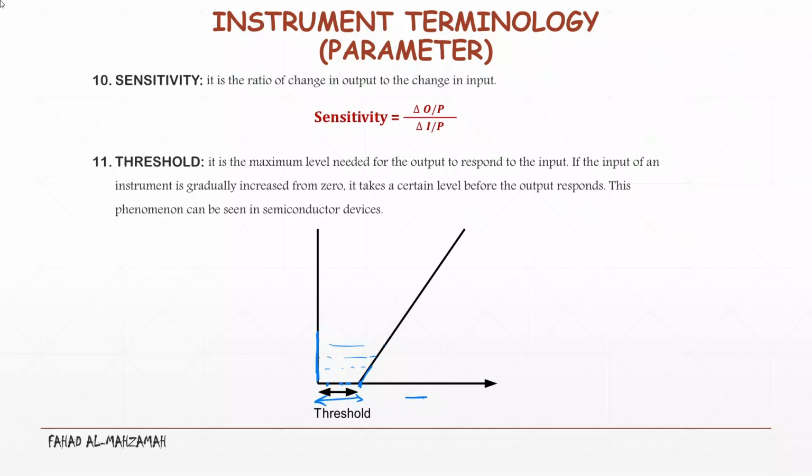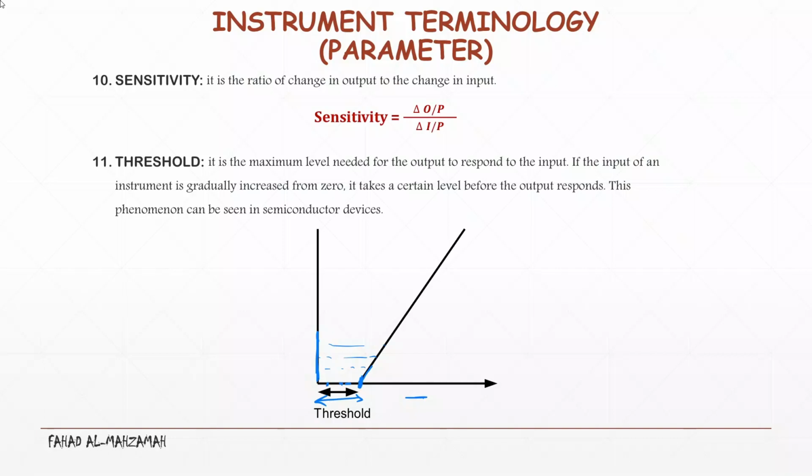This value from 0 to that value is called the threshold. So if the input of an instrument is gradually increased from 0, it takes a certain level before the output responds. This is the level and it's called the threshold.